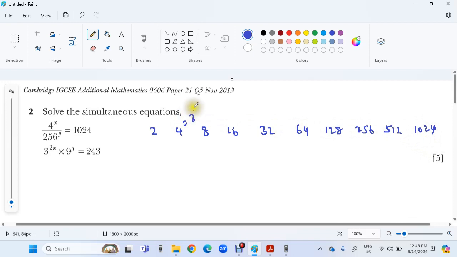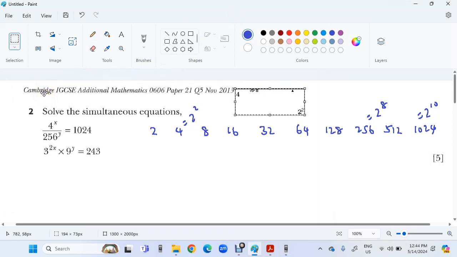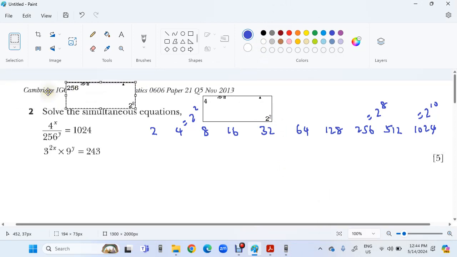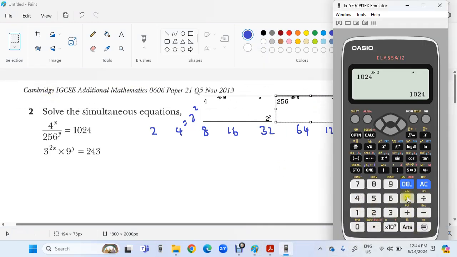So 4 is actually 2 squared, and 256 is 2 to the power 8, and 1024 is 2 to the power 10.